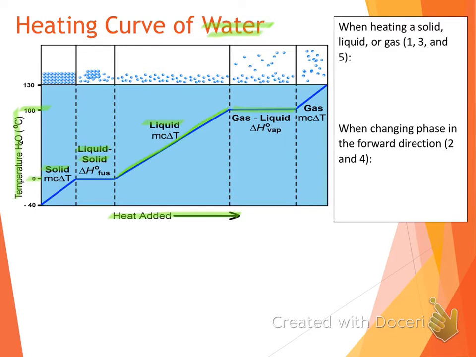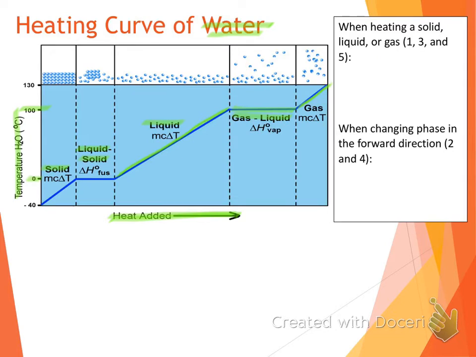So whenever you're boiling water on your stove at home, it doesn't just keep getting hotter and hotter. It's going to stay at the same temperature the whole entire time it's boiling and you have that gas to liquid mixture. Once all of your liquid has been converted into a gas, the heat that we're adding again would just go into increasing the temperature of the gas.